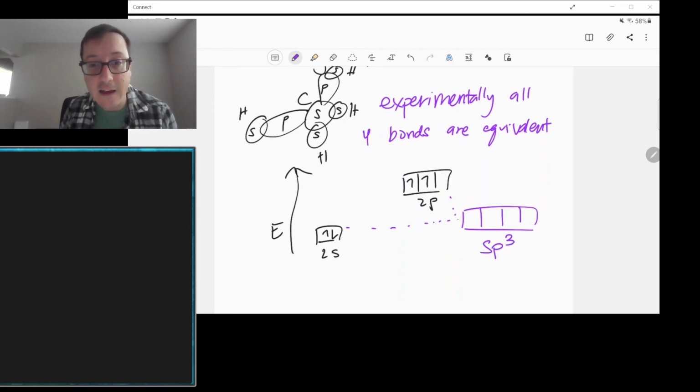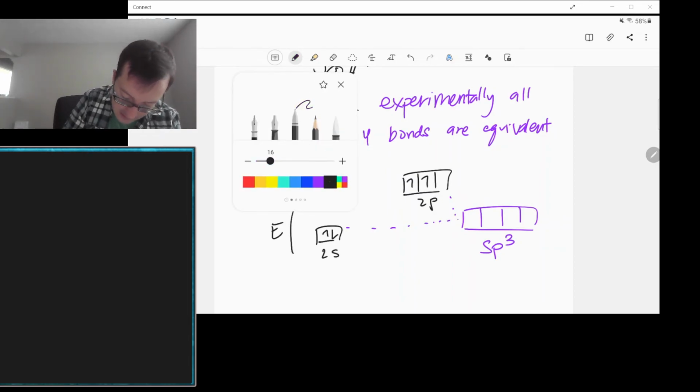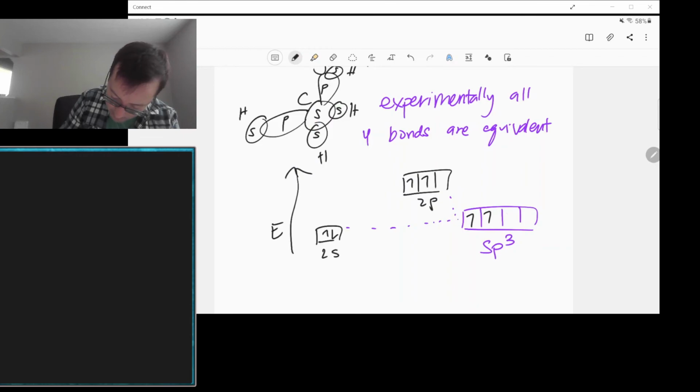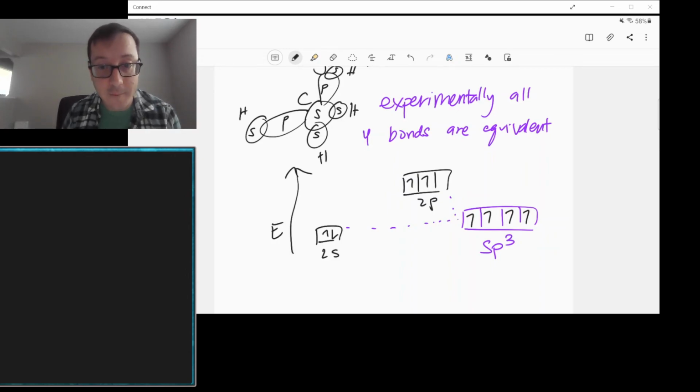We're going to combine the s orbital and the 3p orbitals to make sp3 orbitals. And we had two electrons from p, two electrons from s. We're going to hybridize all of them to make 4 sp3 hybrid orbitals.